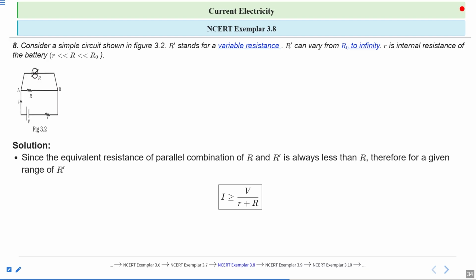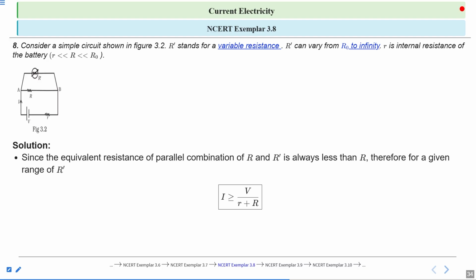If we place R in the place of R equivalent in I equals V upon small r plus R equivalent, we are increasing the denominator, so the current will be less. This term V upon r plus R is less than the previous term, so the current will always be greater than or equal to V upon small r plus capital R.